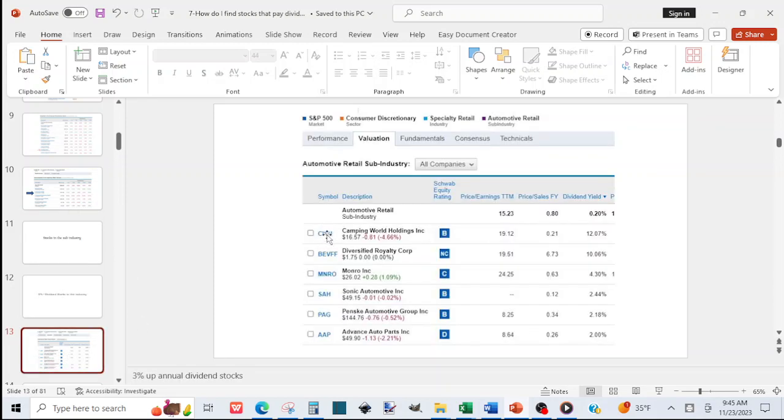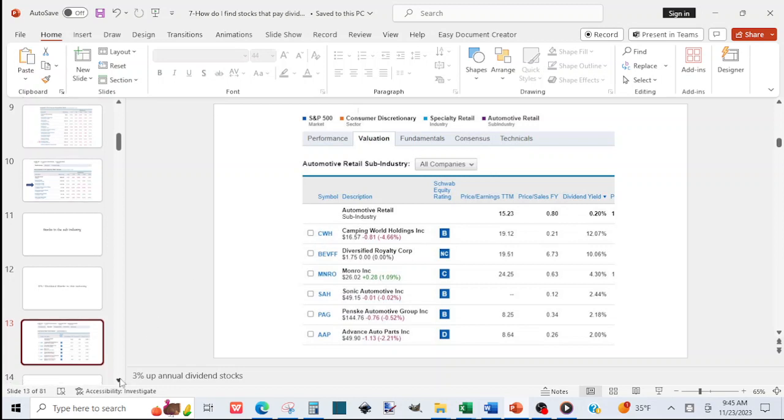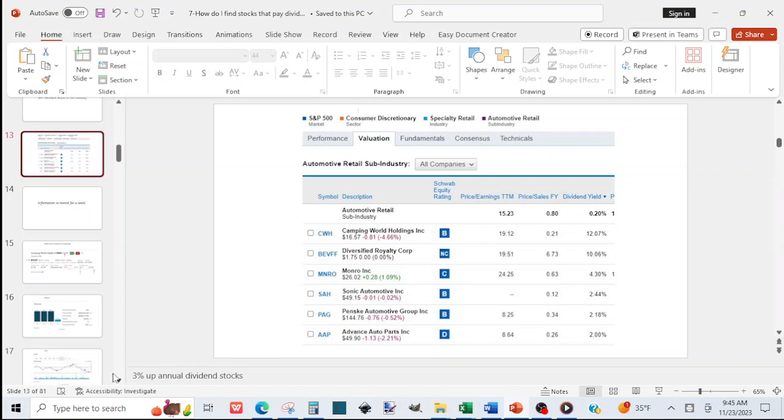So when you find the company, you search the company symbol, you'll access the company's information.